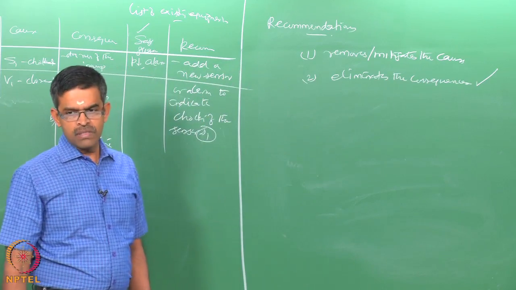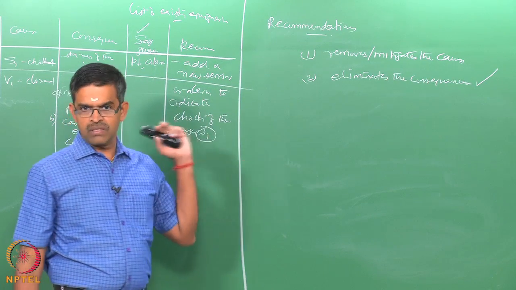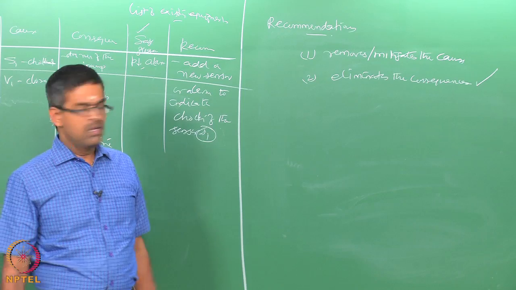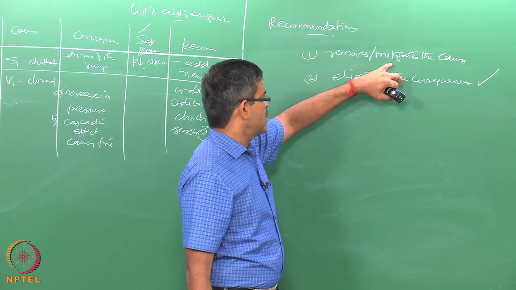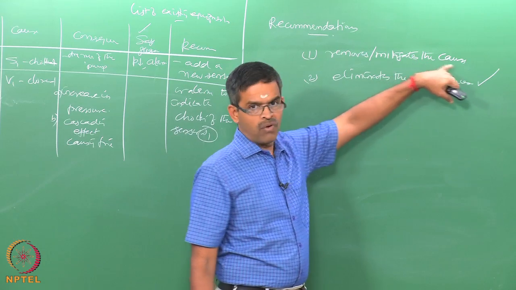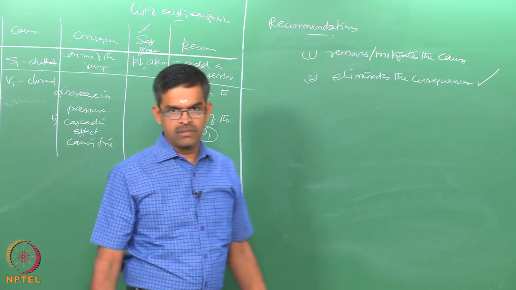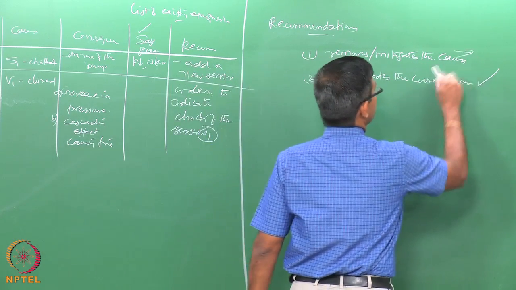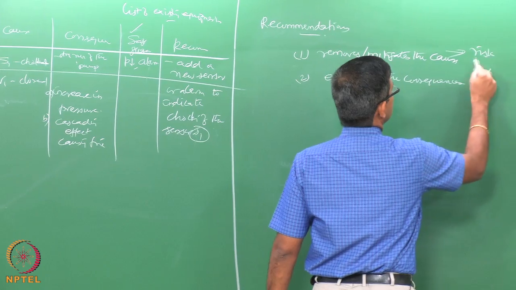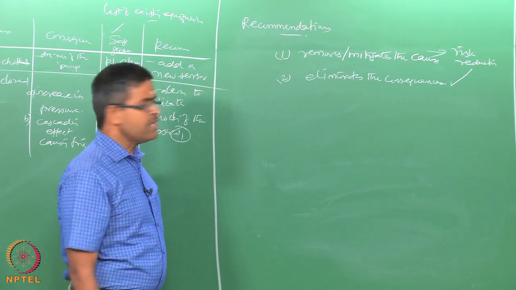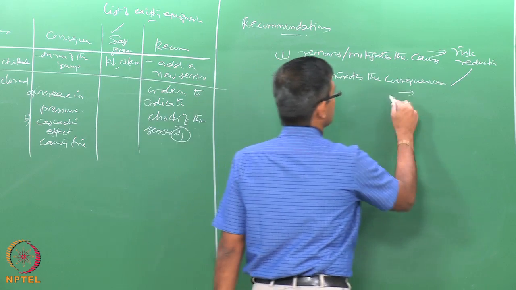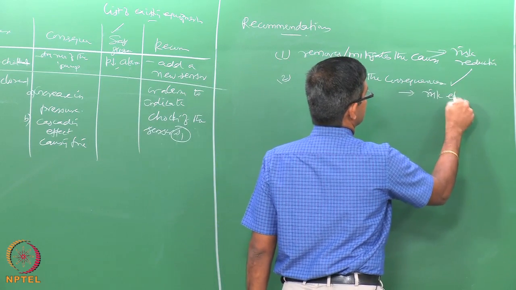However, sometimes they can have a direct impact on the causes. Therefore, sometimes even recommendations which lead to the avoidance and mitigation of causes are also better. If you do this in the first format, it leads to risk reduction. If you follow the second format, it will lead to risk elimination.